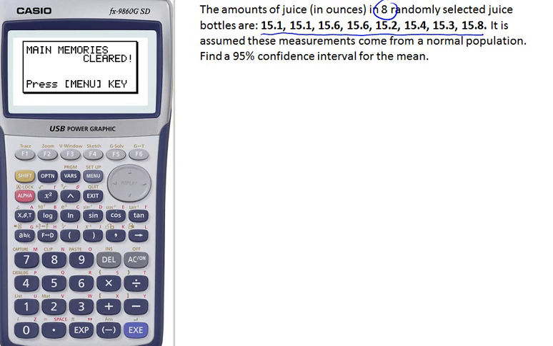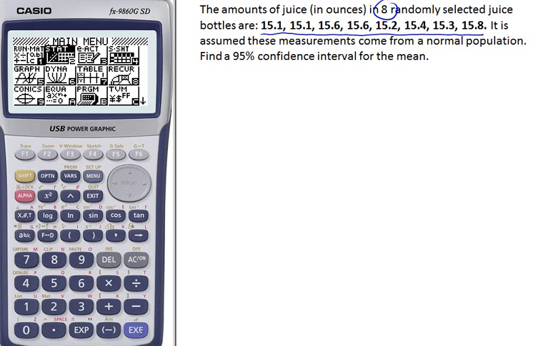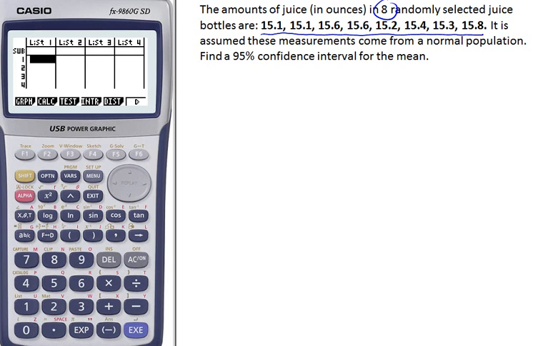Let's start by going into the menu, into the stats mode, and inputting the values we have given to us. So we need to put in 15.1, 15.1, 15.6, 15.6 again, 15.2, 15.4, 15.3 and 15.8.